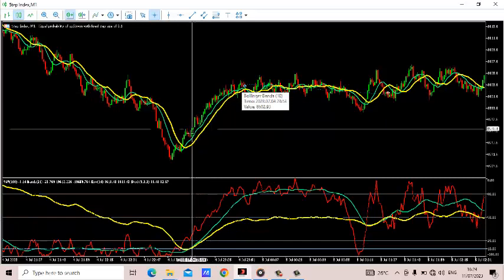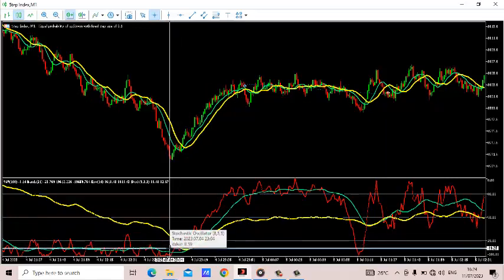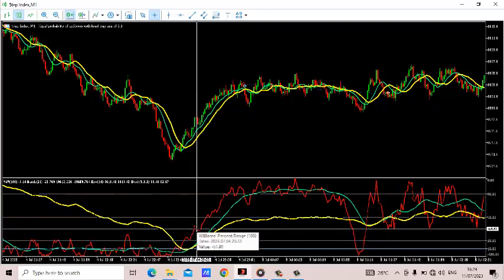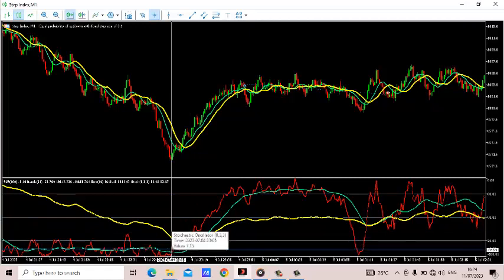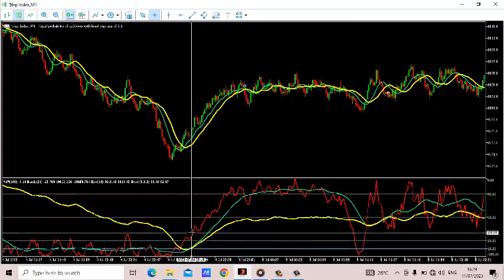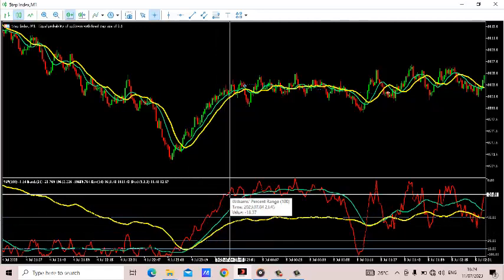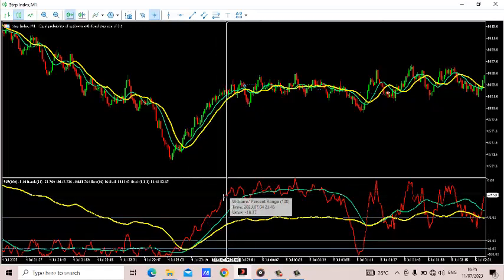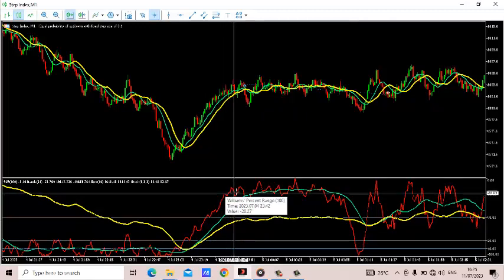So where or when do you take your profit? If you come to your indicator window 1, this is where this red line is also very important and useful to us. You could take your profit whenever this red line touches the overbought area, which is around here. As you can see, the red line has touched this line here.